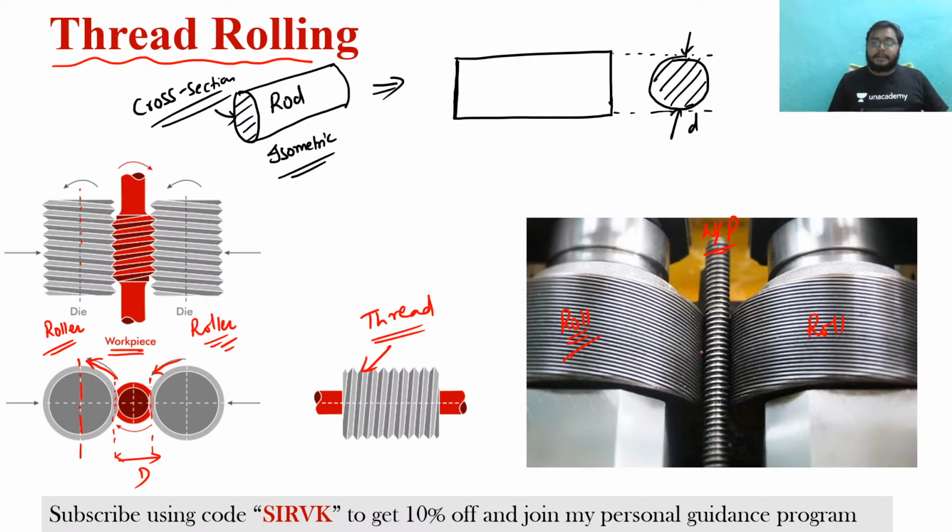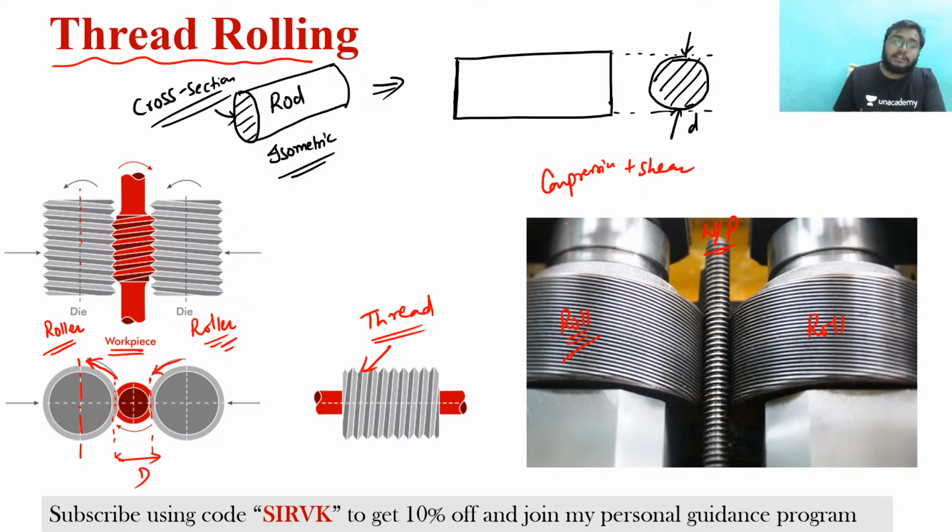If this workpiece were brittle in nature, what would happen? It would break down and be subjected to fracture, because in the rolling operation you are giving compression and shear.